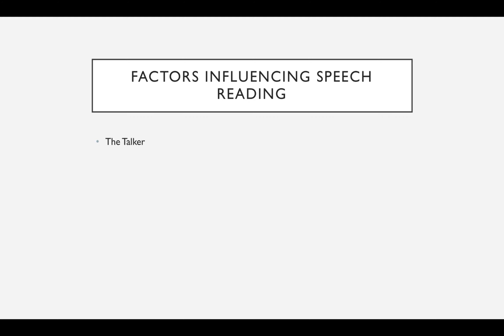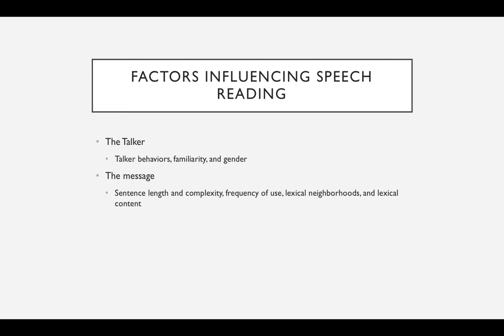And then some factors that are going to influence speech reading. The talker: the talker's behavior, your familiarity with the talker, if it's male or female, the message, so the sentence length and complexity, the frequency of use, lexical neighborhoods, and lexical content will all play a role.